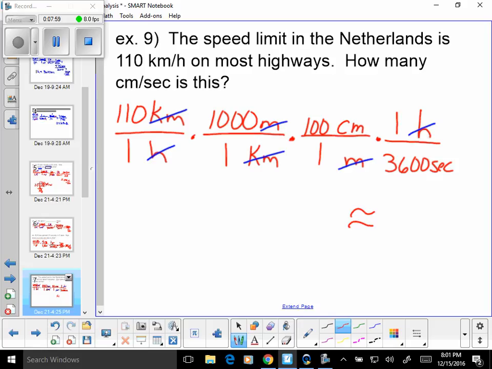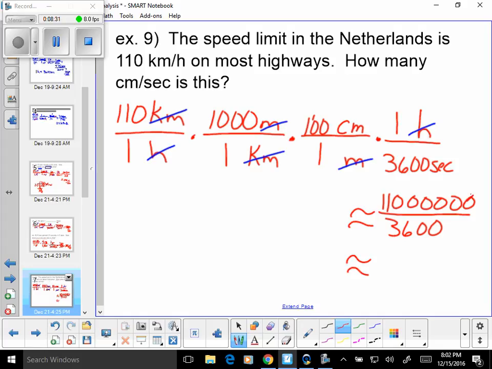You could do some canceling here as well. If you multiply it all out, you're going to get 1 followed by 6 zeros from the top, and we're going to get 3,600 down here. Now we could actually do a little canceling of the zeros, or we could just go right to the calculator.